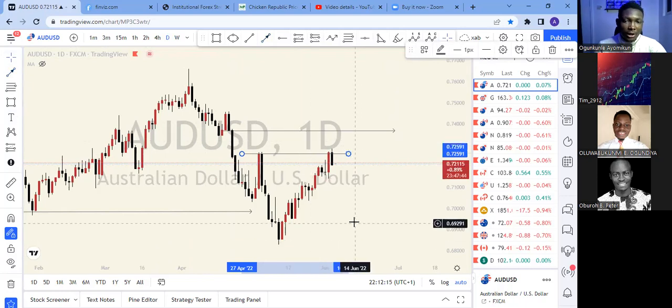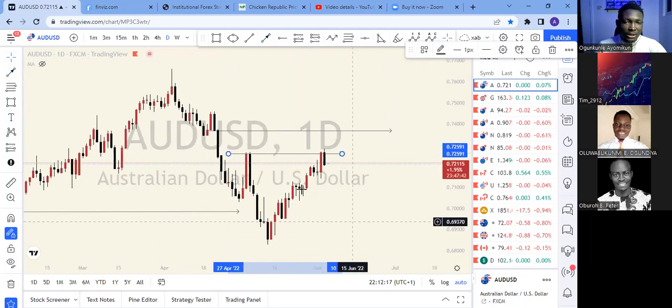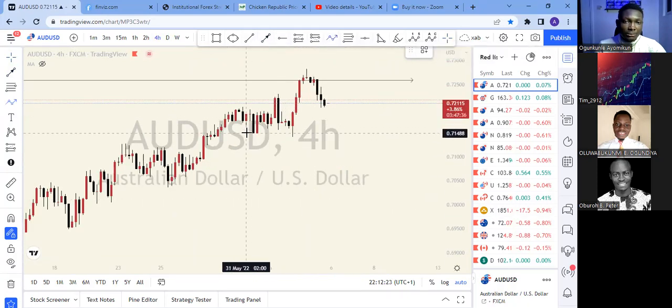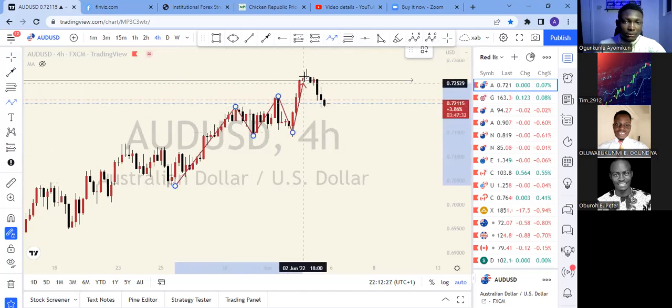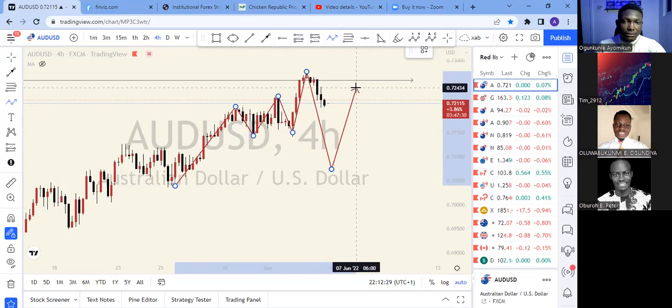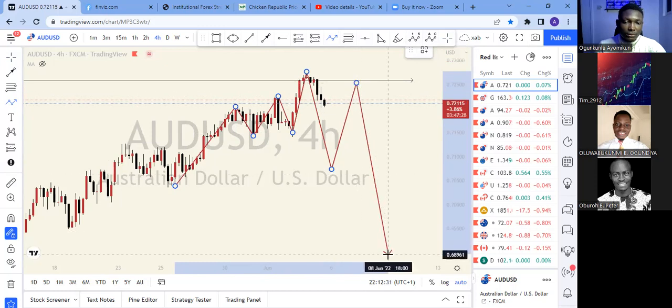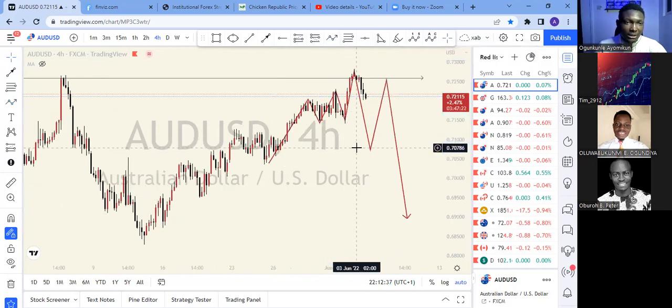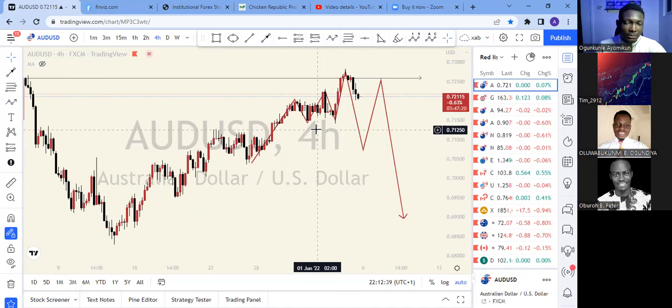So currently on AUD USD we might be seeing bearish momentum. Something like this, based on the 4 hour time frame.